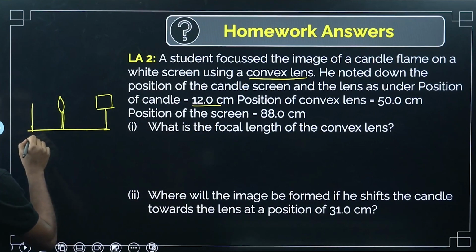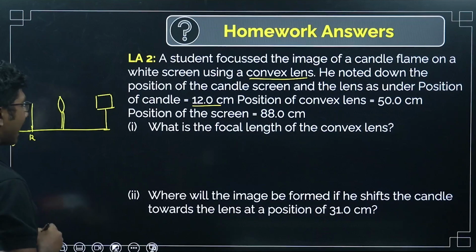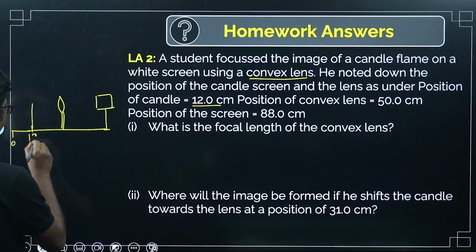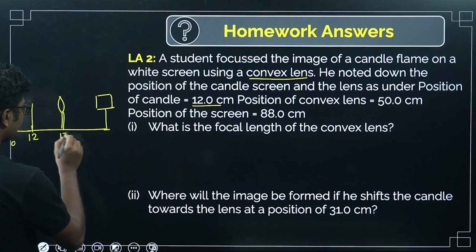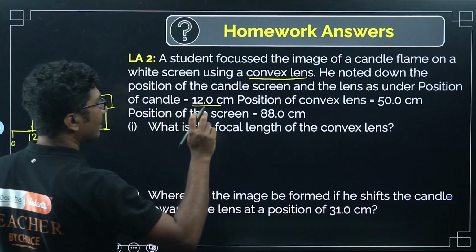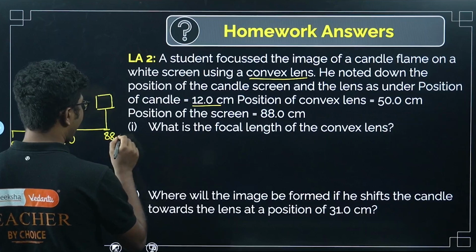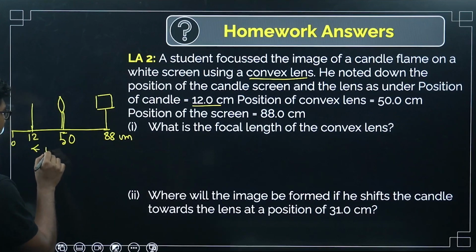Candle is placed at 12 centimeter, somewhere on the left hand side there is a 0. Lens is kept at 50 centimeter, and the screen is placed at 88 centimeter. Now let us find the distances. What is U?